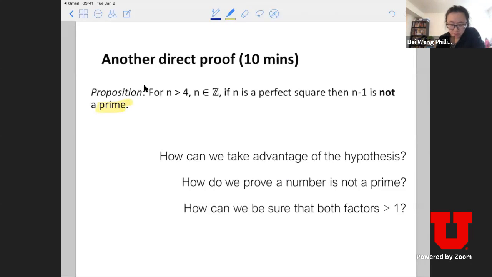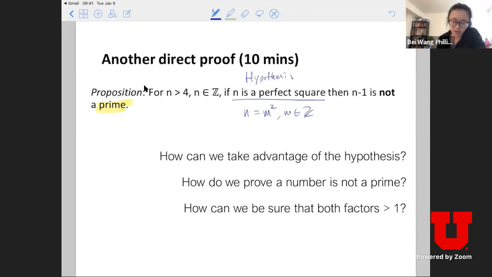But then in more detail, how can we take advantage of the hypothesis? The hypothesis is that n is a perfect square. So if I think about it, n is a perfect square, which means n can be expressed as the square of some integer.